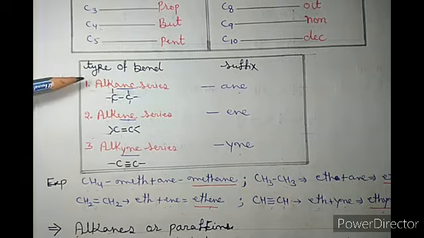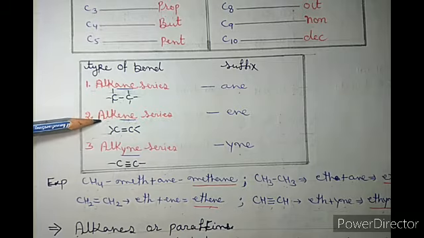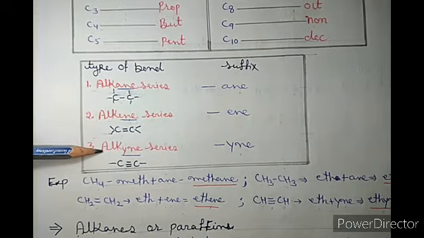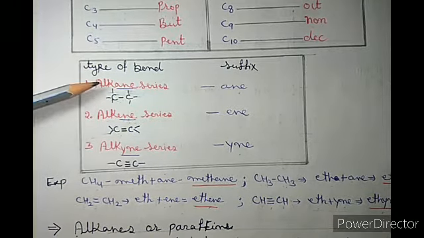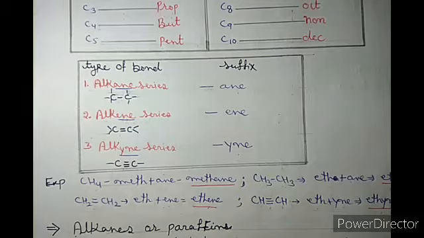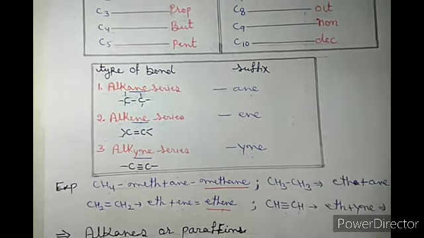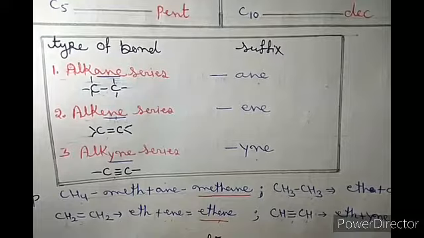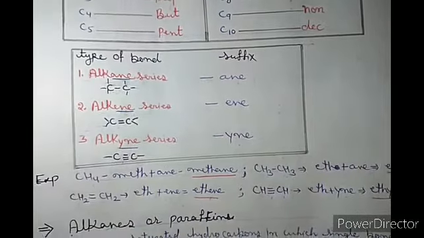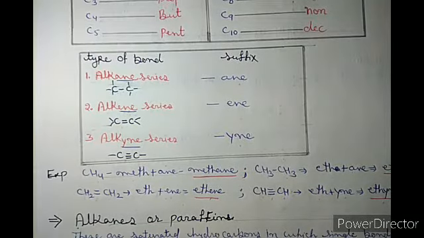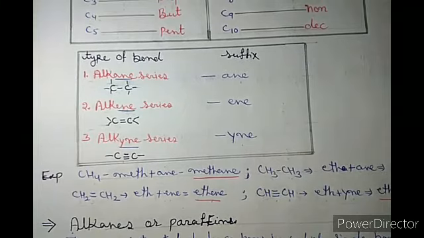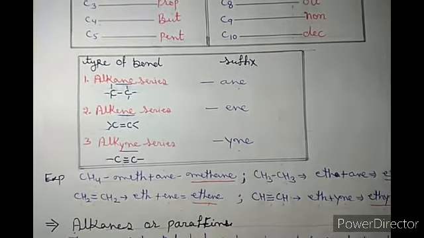Single bonded are called alkanes, double bonded are alkenes, and triple bonded are alkynes. So there are three series: first is alkane, second is alkene, and third is alkyne. Alkane, alkene, and alkyne. Got it?